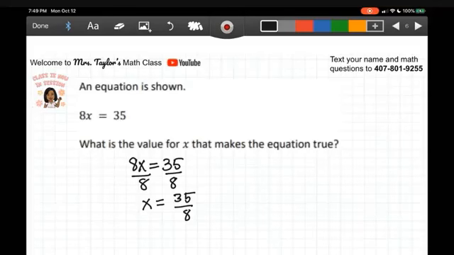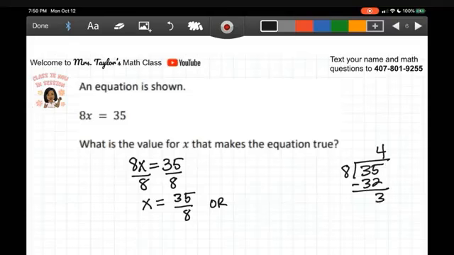Or if they wanted a mixed number, you could write it as, let's do division, 35. This is going to be 4, 32, and 3. So this would be 4. Remember, this is your whole number. And this would be your numerator.